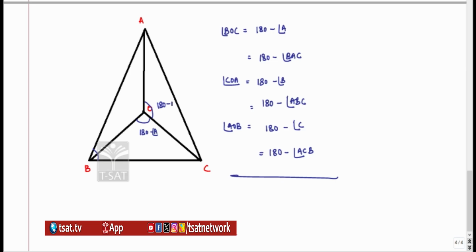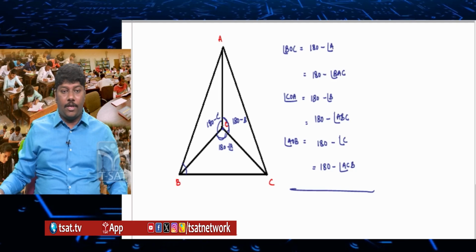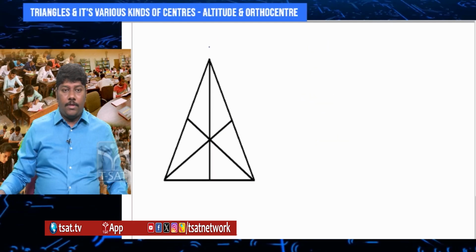This angle is 180 minus C. So, the angle opposite to A at the centre is 180 minus A. So, at the orthocentre the angles formed are 180 minus A, here 180 minus B, here 180 minus C.